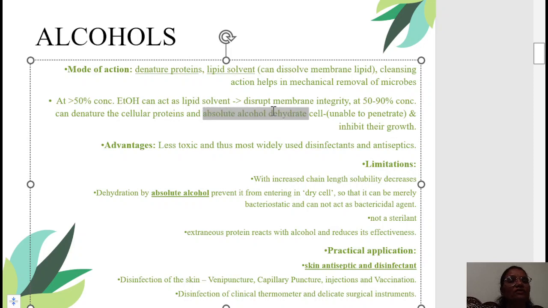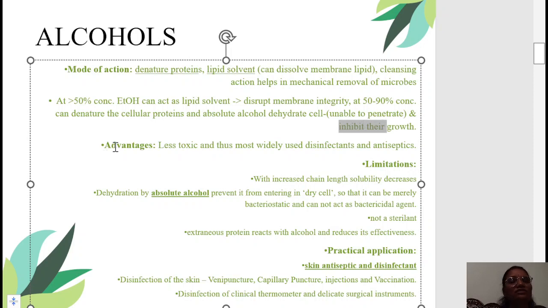However, when used in absolute alcohol form, that is 100% alcohol, it has a dehydrating effect on the cell wall, and that means it is not able to penetrate inside the cell to cause any damage to the cytoplasmic protein, and it merely remains an inhibiting agent rather than a destroying agent.